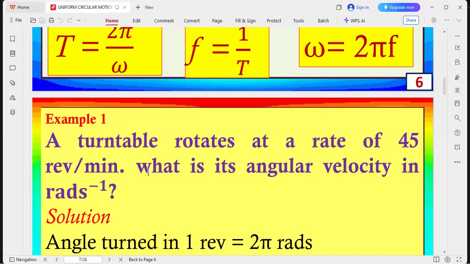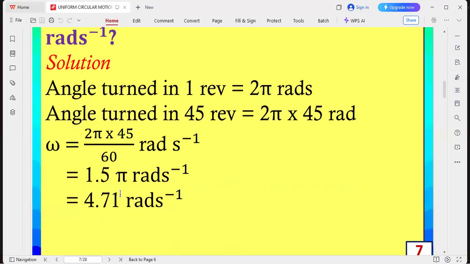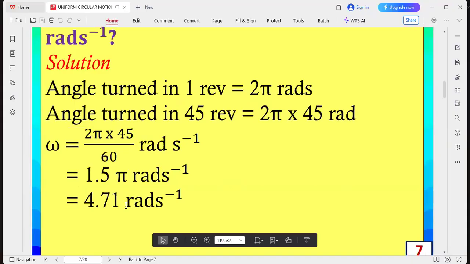Then we now say omega equals 2 pi f. So 2 times pi times f, which is 0.75, gives us 4.71 something. You write to 4 significant figures.